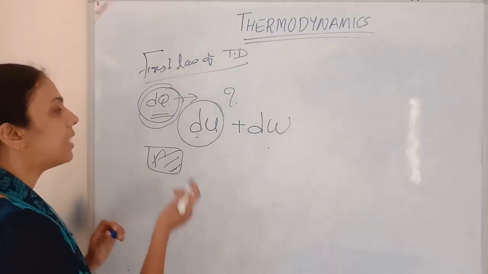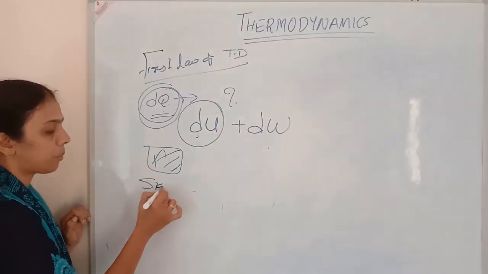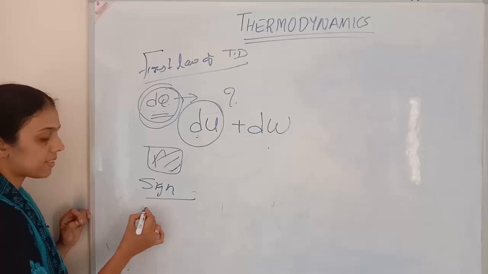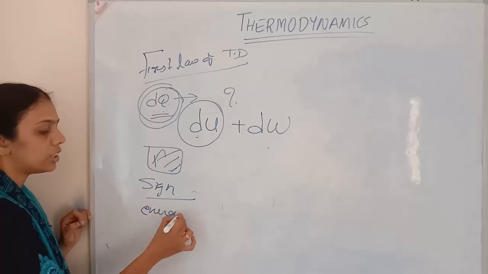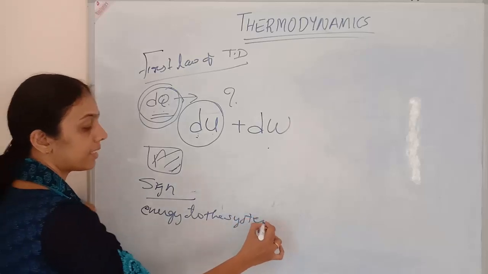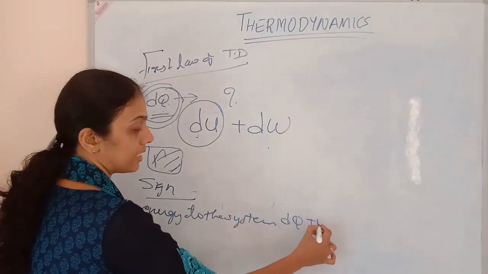Here the sign convention is very important. If I am giving energy to the system, then we consider dq as positive.